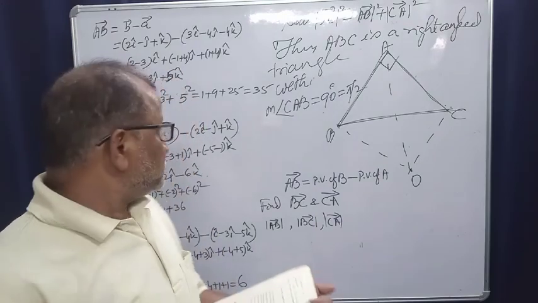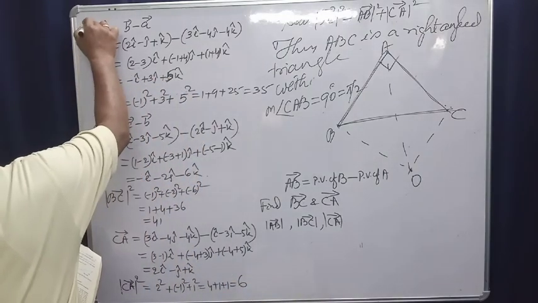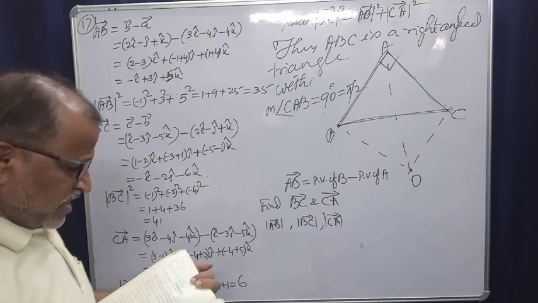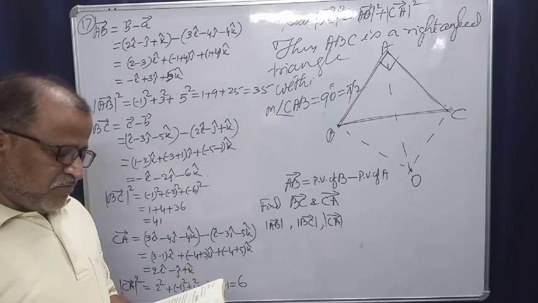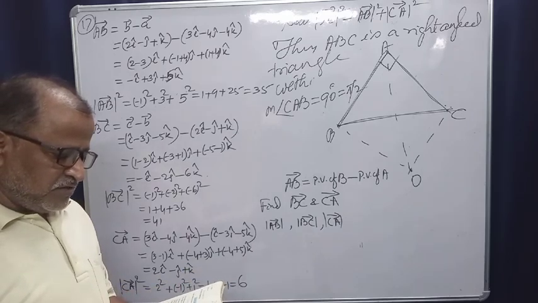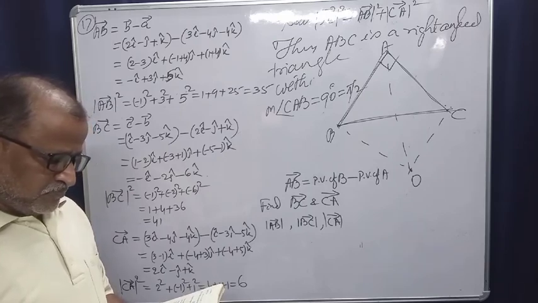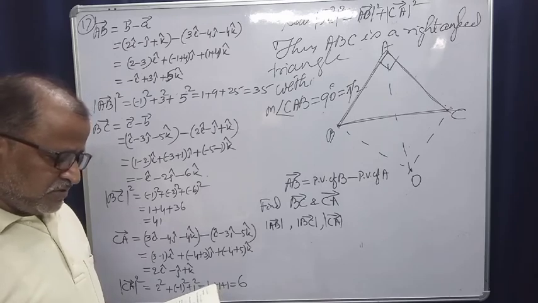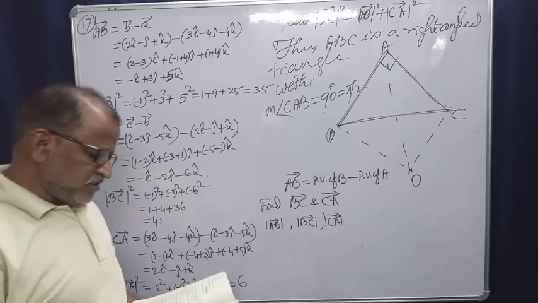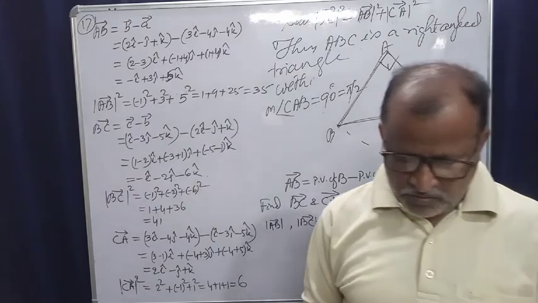Then question number 17 perhaps. Yes, it was 17. Question number 18. In a triangle ABC, which of the following is true? AB segment plus BC segment plus CA segment is zero vector. No. AB vector plus BC vector plus CA vector is equal to zero vector. Yes.